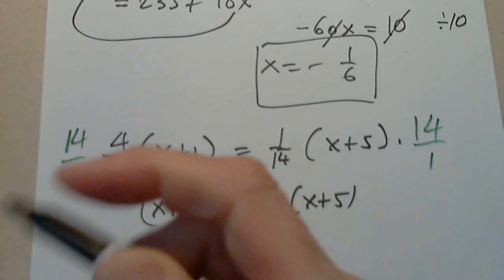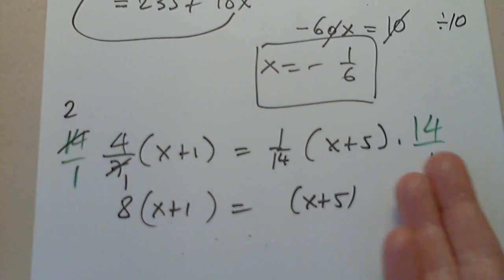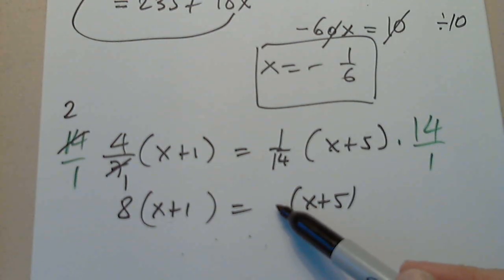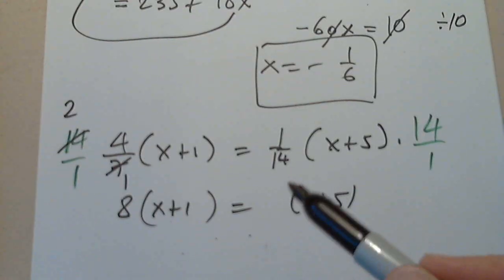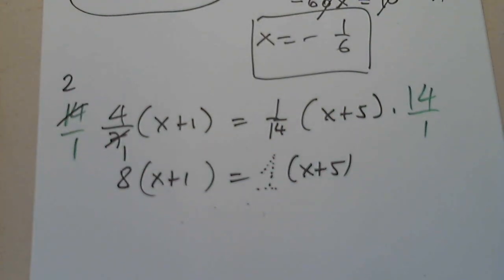Yes, indeed. I simplify by 7. 2 times 4 is 8. Indeed. What about here? 1/14 times 14/1. What do I have in front? It'll just be 1. Indeed. I'm not going to put it in because there is no need.